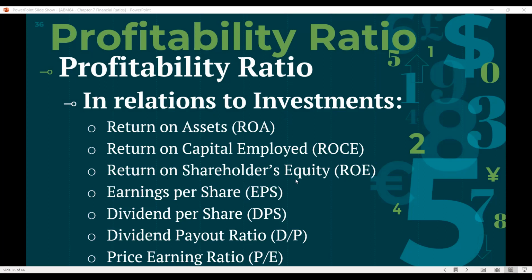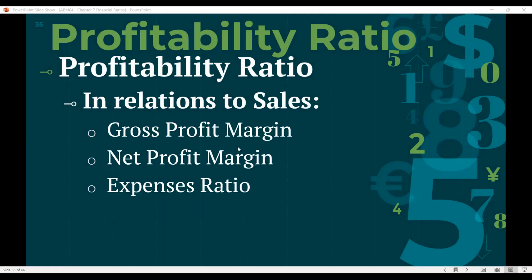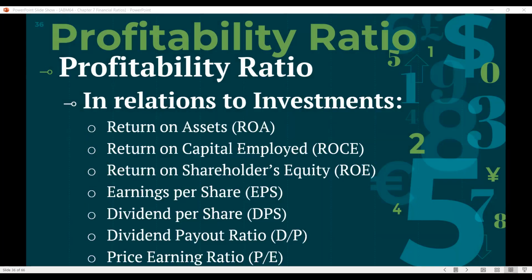Return on shareholders equity, ROE, earnings per share, EPS, dividends per share, DPS, dividend payout ratio, DP, price earning ratio or PE. So these focus more on investment, especially for your investors, especially if corporation ka. So again, there are two general types of profitability ratio. They focus more on sales or investment.